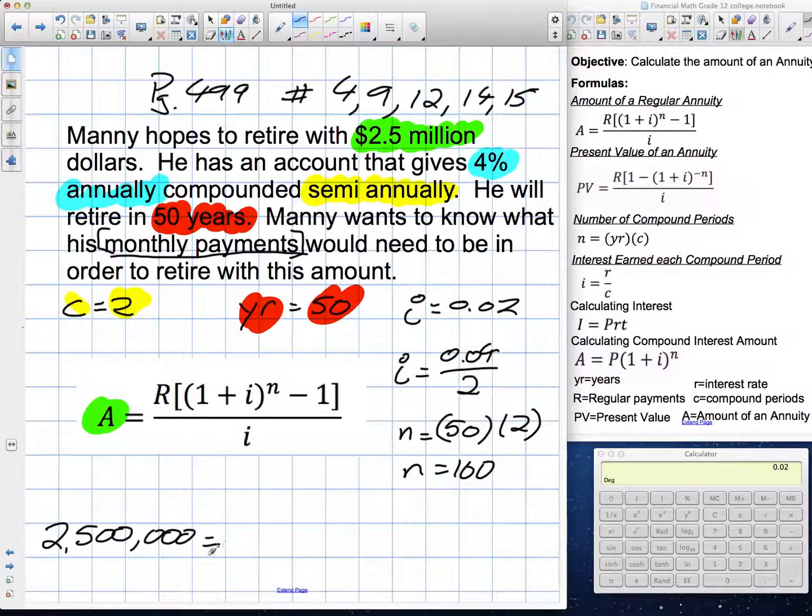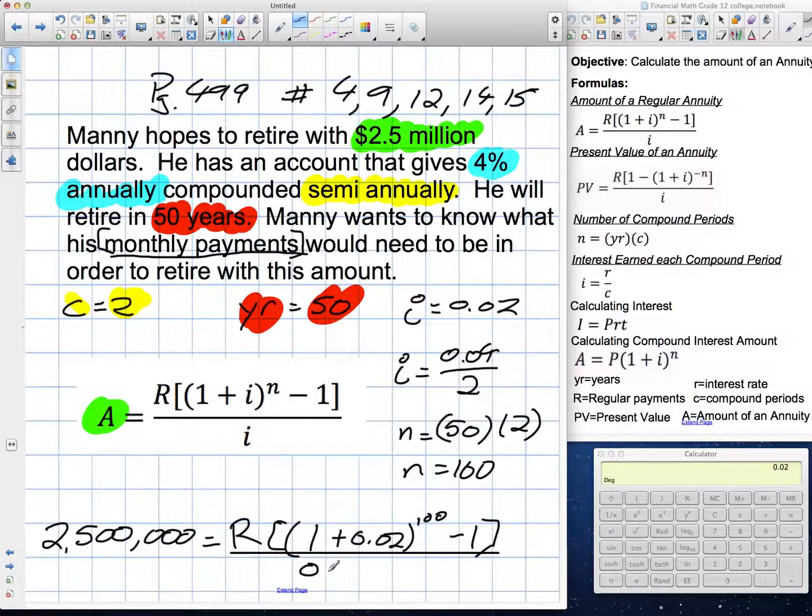So what we're actually figuring out are semi-annual payments, our regular payments right now. And then at the end, we'll convert it to months. We'll try to make sense of it all. So we're still looking for R. We have 1 plus I, which is 0.02, to the power of 100. Subtract 1. And then all divided by what?